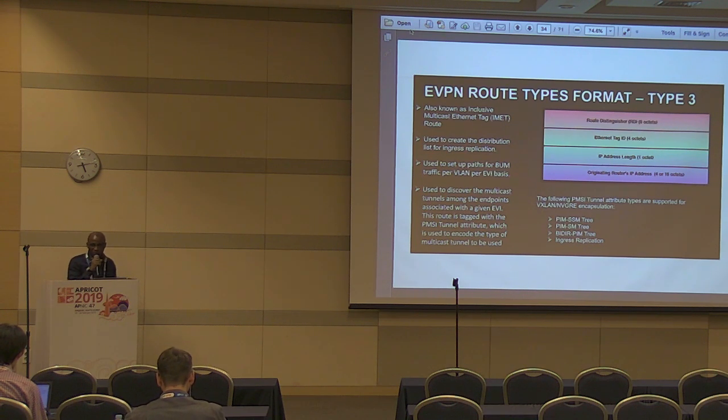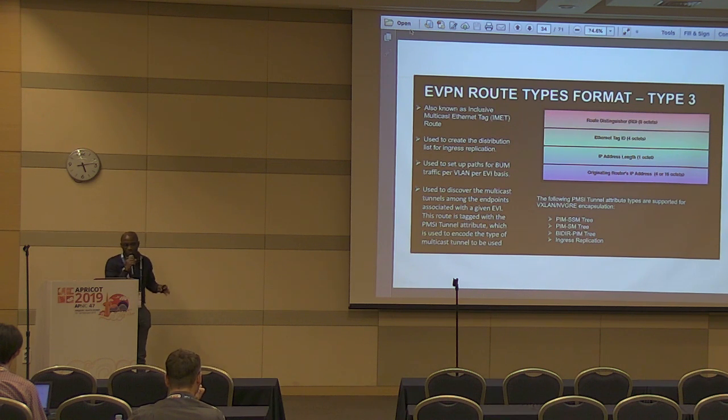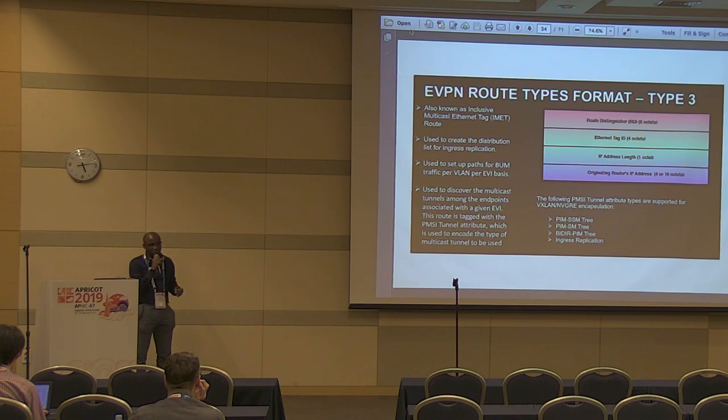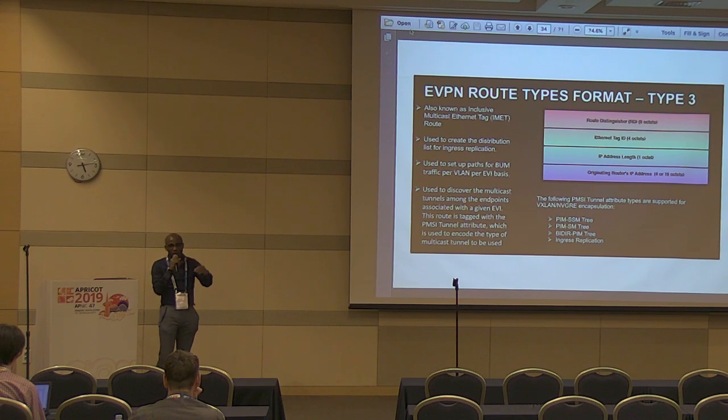So the implication of the inclusive multicast Ethernet tag route is, if an ingress device needs to forward BUM traffic within an Ethernet segment, it will flood that packet to all remote VTEPs that are part of that VXLAN segment, which is not efficient.